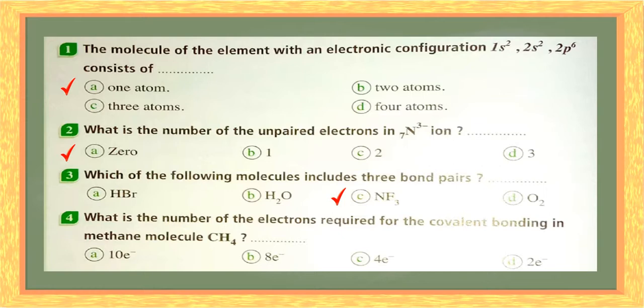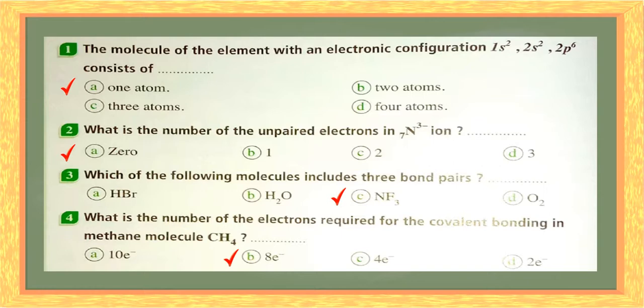So the valence electrons needed 4 electrons to gain or make a covalent bond with 4 hydrogen atoms. So we have 8 electrons inside the covalent bonding in the methane molecule.